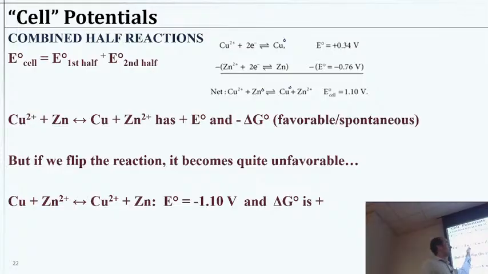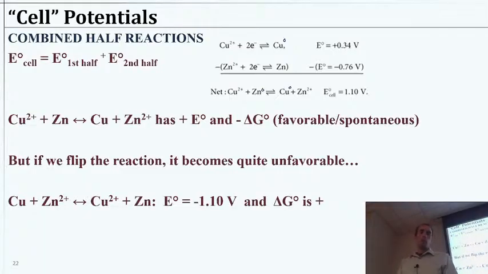And so it's a positive E, and if we were to calculate it, it's a negative delta G. That means it is favorable and driven by this electrical potential. So it is a favorable reaction. If we flip it around, we essentially reverse the electrical potential, and now we've reversed our standard Gibbs free energy.